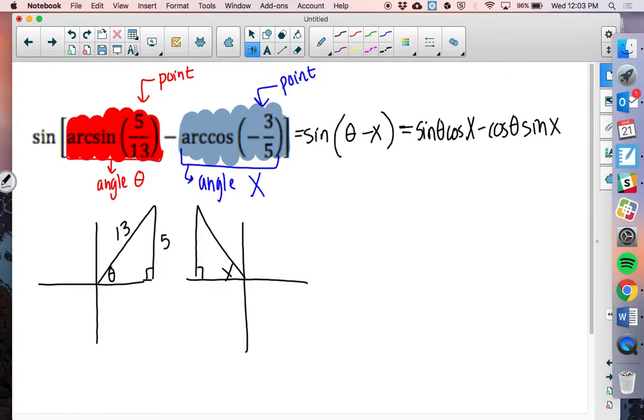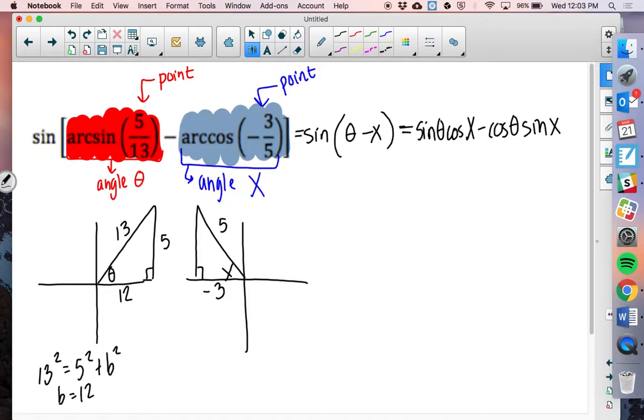So I'm going to let you guys work that out. What does the third side end up being? So the third side ends up being 12, and that just comes from 13 squared equals 5 squared plus b squared. Arccosine here, we've got adjacent over hypotenuse. This is -3 because it's going on the negative x-axis.